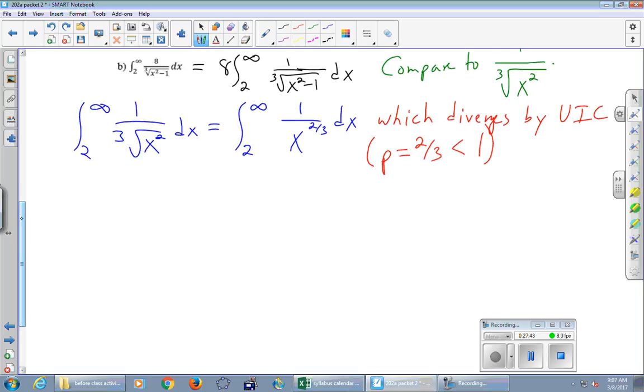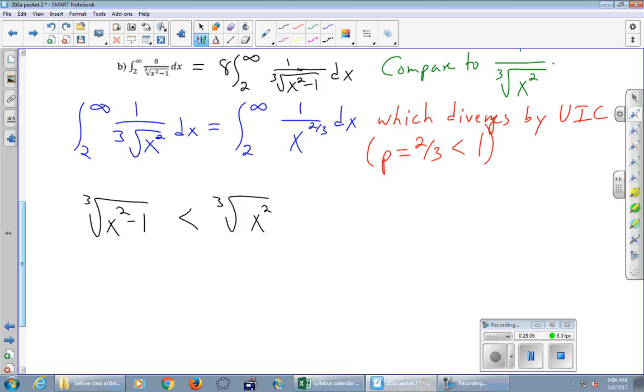I'm going to again start with just comparing the denominator of the original to the denominator of the simpler one. Cube root of x squared minus 1 compared to cube root of x squared. I'm really hoping it's obvious to you which inequality goes in there. Greater or less? Which one goes in? Less, right?